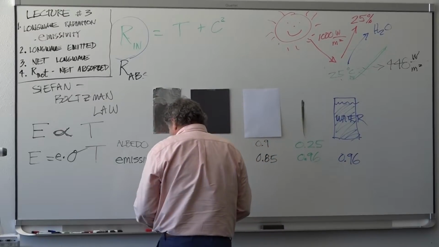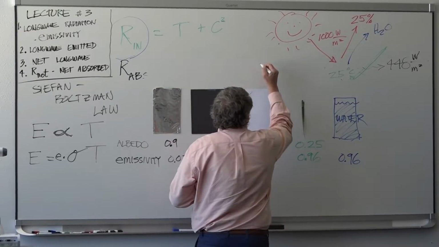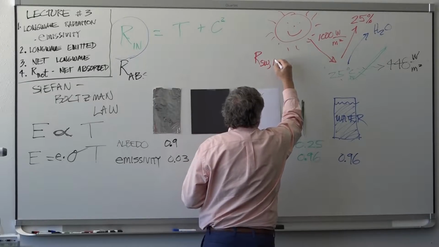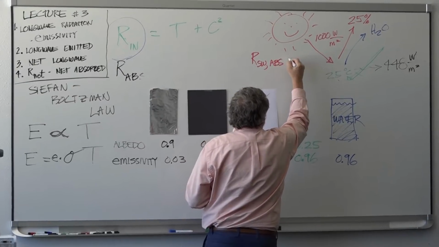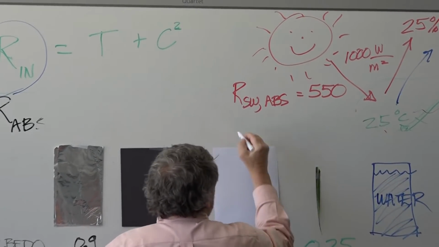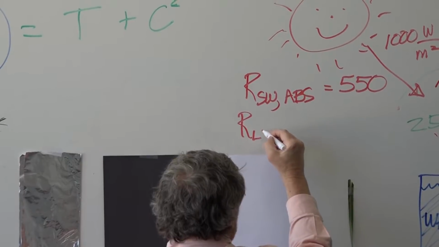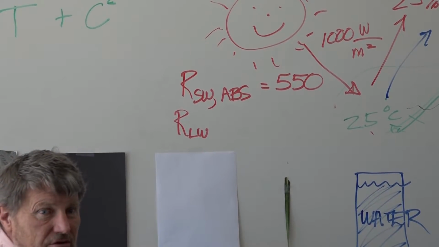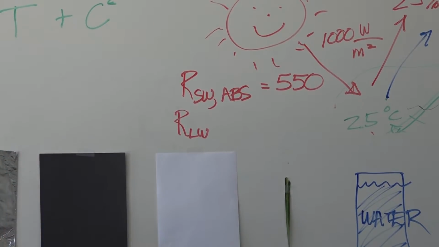And we will say, in red, radiation, short wave, absorbed is 550. Now we'd like to do radiation, long wave, incident. First incident on the leaf.